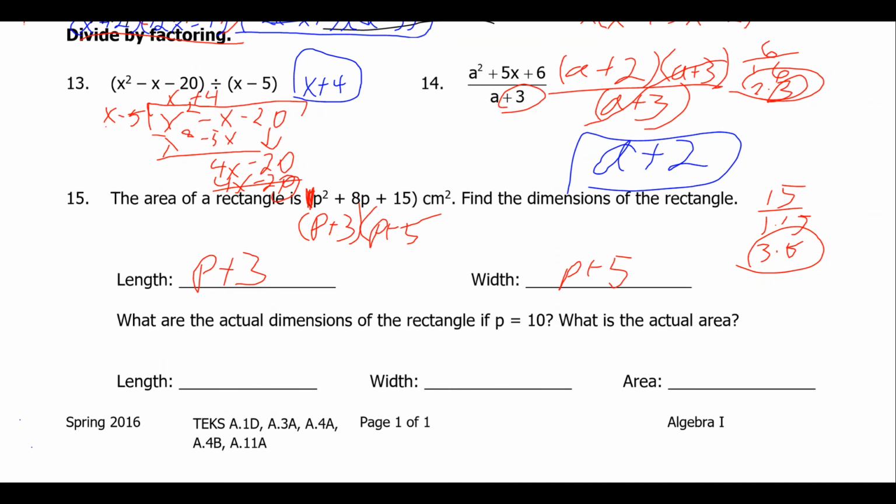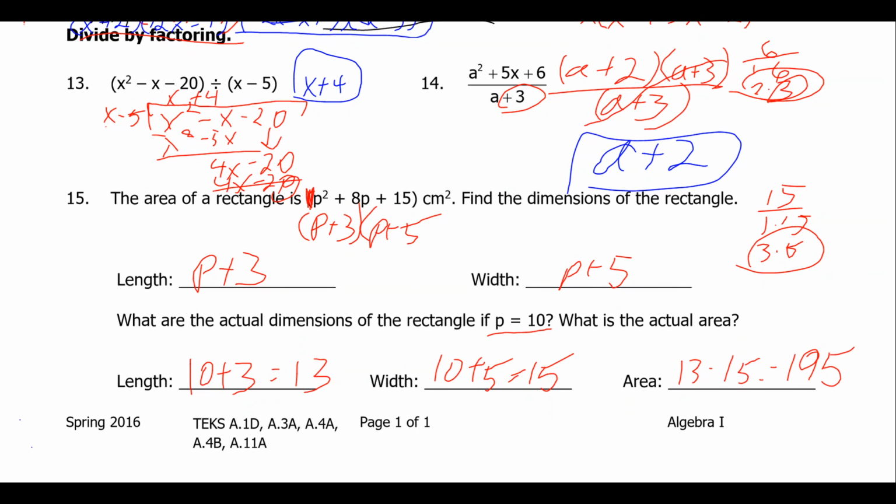So p plus 3, p plus 5. So it says, what is the actual dimensions of the rectangle if p equals 10? So it's going to be 10 plus 3, and that's going to be 13. It's going to be 10 plus 5, which is 15. So the area would be 13 times 15, which should be 195.